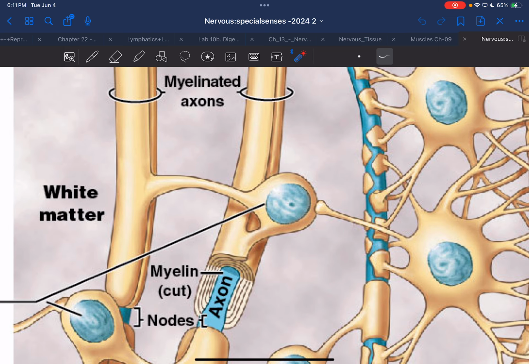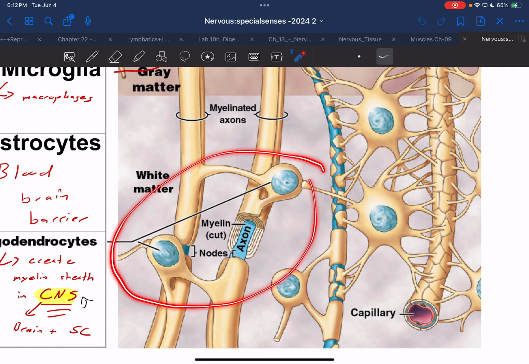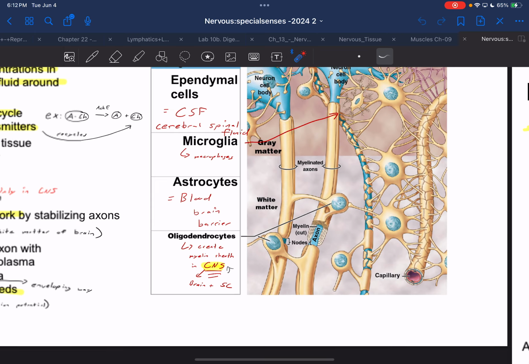They're sort of gluing different axons from different neurons together. They're holding it all together. They're even connected to your astrocytes. Your astrocytes will feed them the nutrients that they need in order to make that myelin sheath and keep it healthy. And so you can see why we consider them part of the framework.